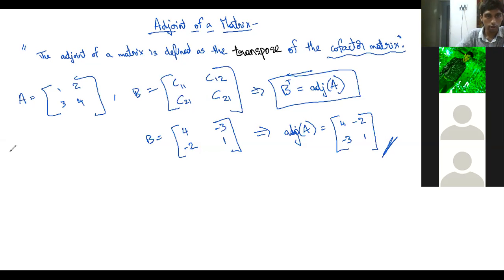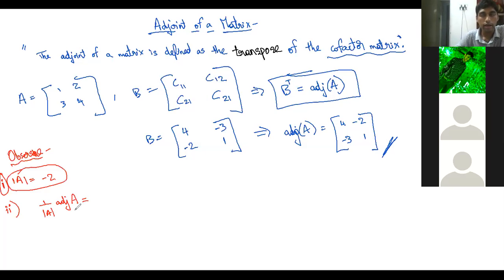Yes, sir. Let us make some observations. We observe that det A is equal to minus 2. This is the first observation. Second observation. We observe that 1 by det A into adjoint of A. What is 1 by det A into adjoint of A?